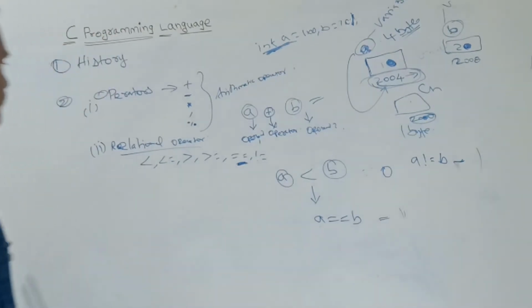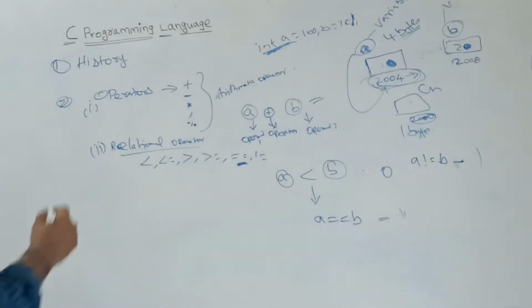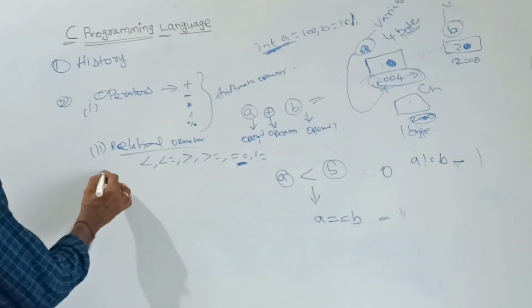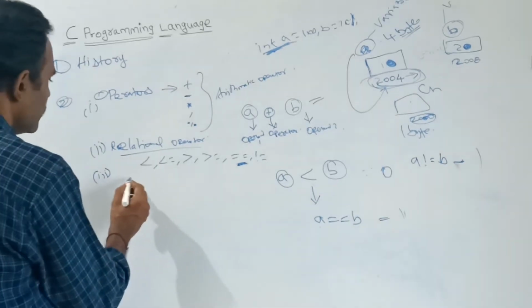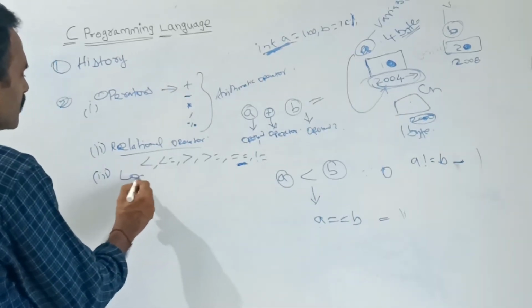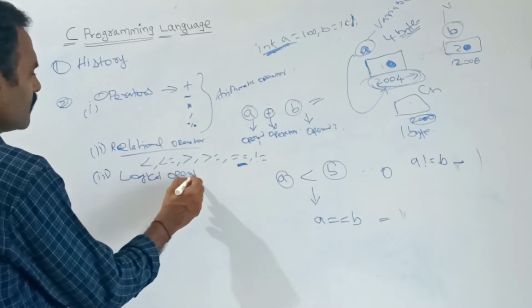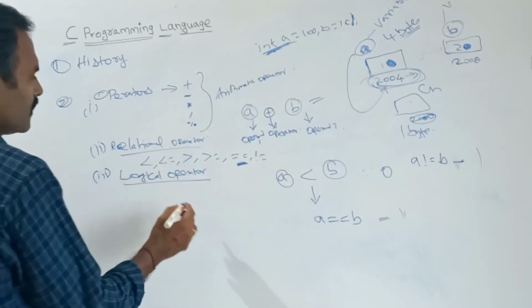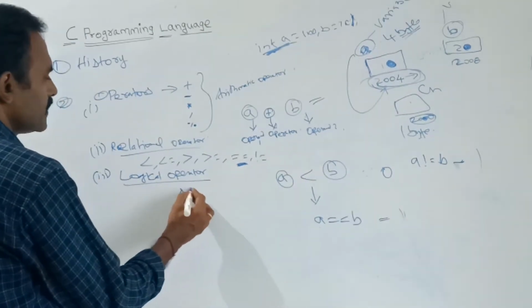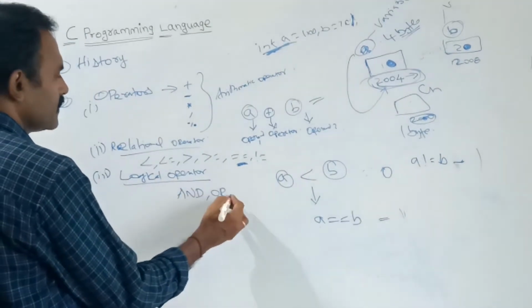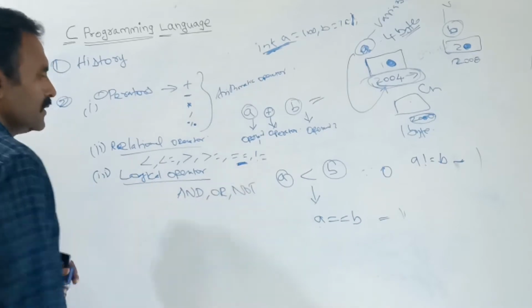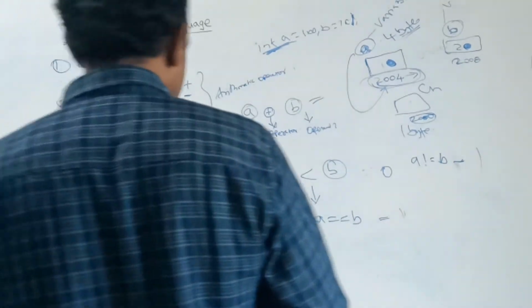Next, let us see about the logical operators. What are the logical operators used in the C programming language? They are the AND operator, the OR operator and the NOT operator. These are the logical operators.